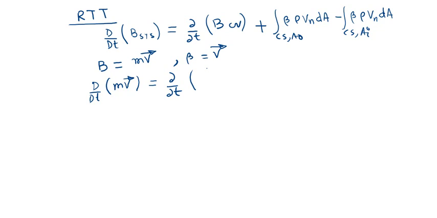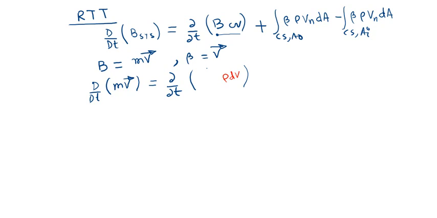the property within the control volume, which is basically the momentum within the control volume, right? So what is the momentum within the control volume? Let us consider a very small volume within the control volume. The mass of that is rho dV.